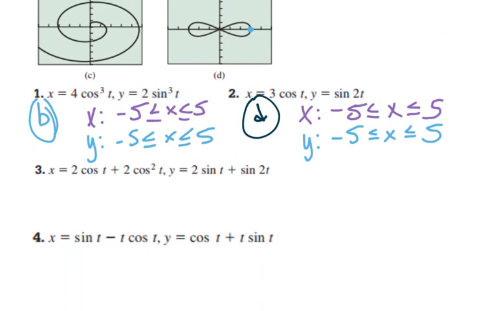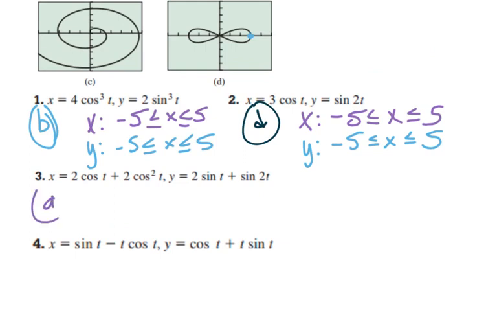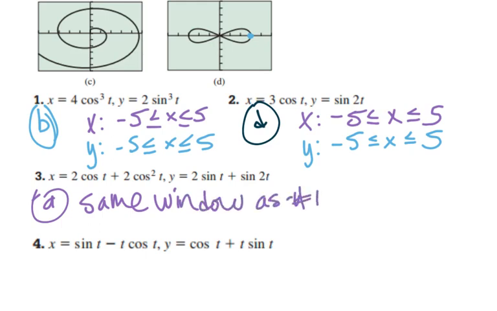So we're just going to end up with part A as number 3 here, and we're going to just say same window as number 1 or 2, in fact.